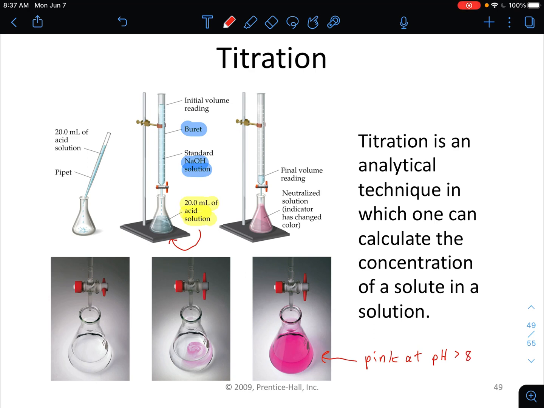So normally we're starting with acid, which is low pH, and we're adding base, which will increase the pH, and we keep adding base until we just get a faint pink color to tell us we've just added enough base to neutralize the acid. Neutral pH is 7, so right when we get that faint pink color to show up, then we know we've added enough base to neutralize the acid.